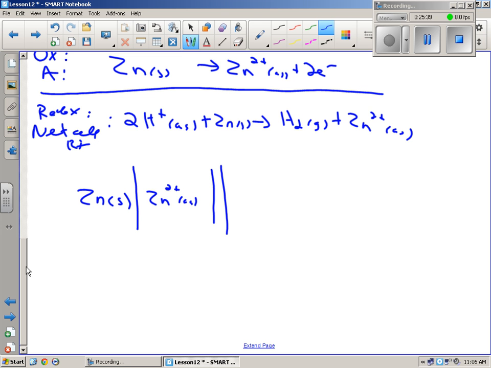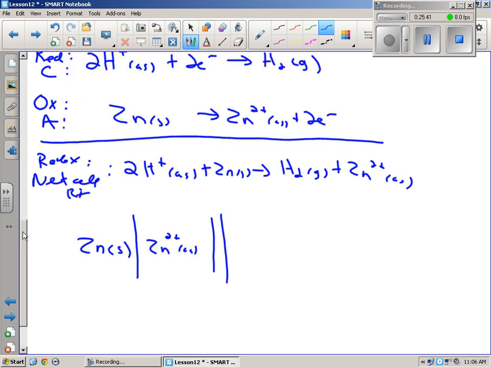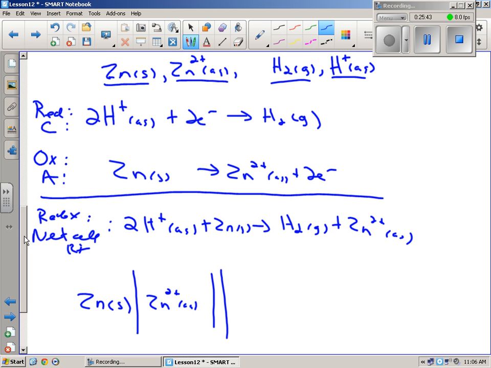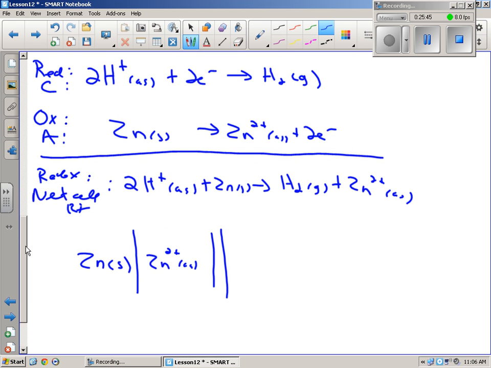What is my cathode electrolyte? In other words, what's gaining electrons here? What's in that solution? 2H plus. We don't need to write down the 2, of course. H plus is gaining electrons, in water, aqueous, yes.